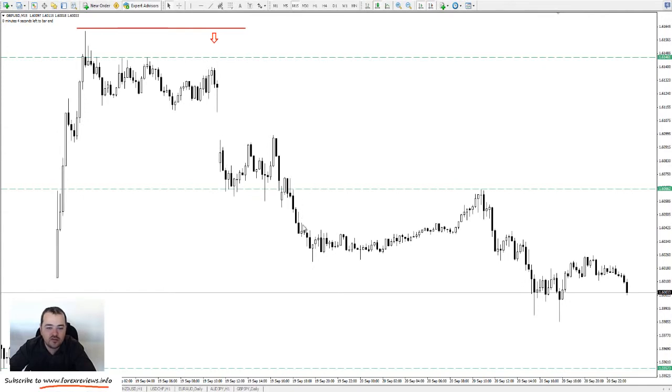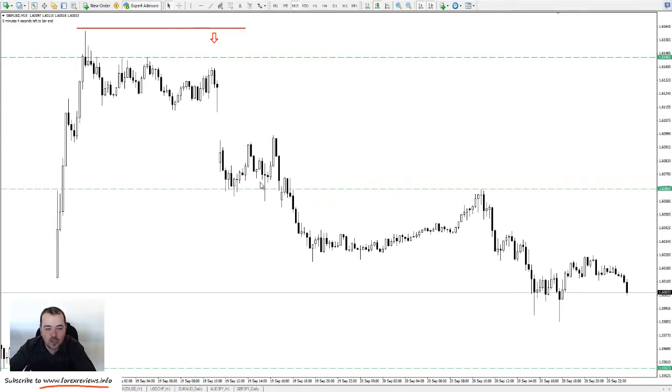That was the first sign of a rejection, like a mini downtrend in a major uptrend, right? So that was the first lower high, and then it broke below. That's a bearish sign, right? On the 15-minute chart.